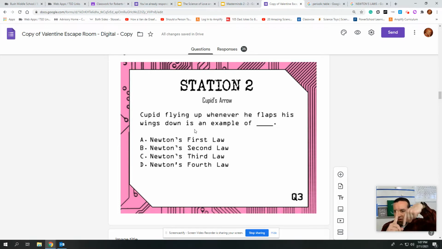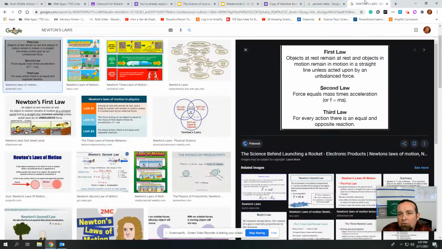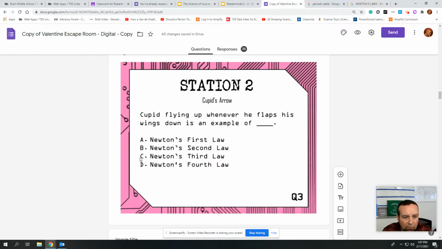Up and down, opposite reactions. So let's find which one of Newton's laws talks about opposite reactions. So this one's an object at rest tends to stay at rest. Force equals mass times acceleration. For every action, there's an equal opposite reaction. So we would want C for our answer here.